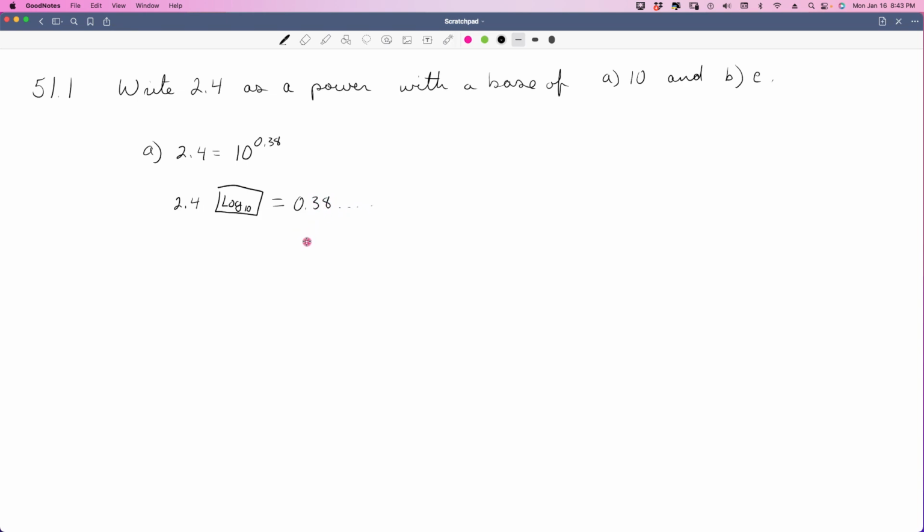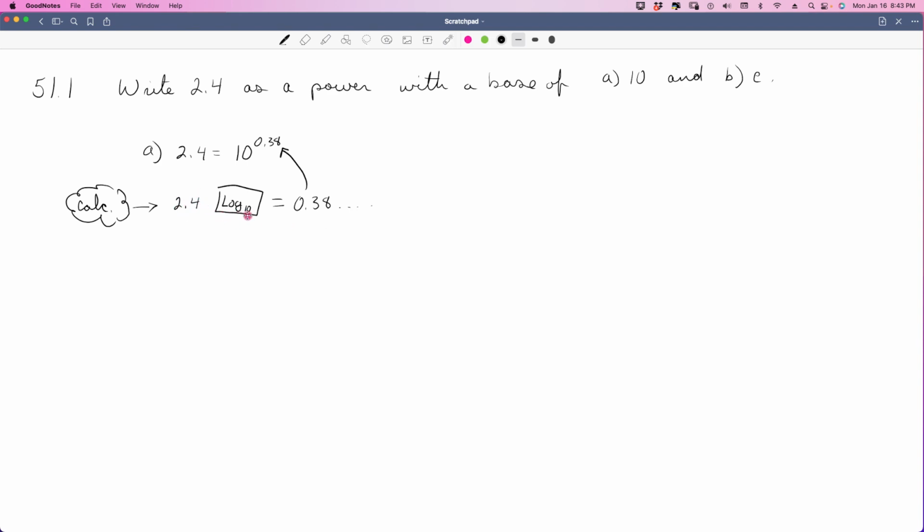We round it to 2 decimals, and then that becomes the exponent that goes up here. All right, this is what's on the calculator. So that is how you would solve a problem like that.